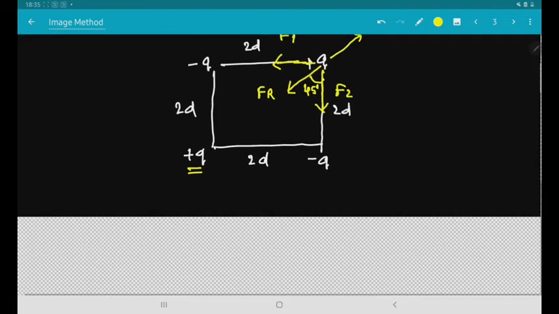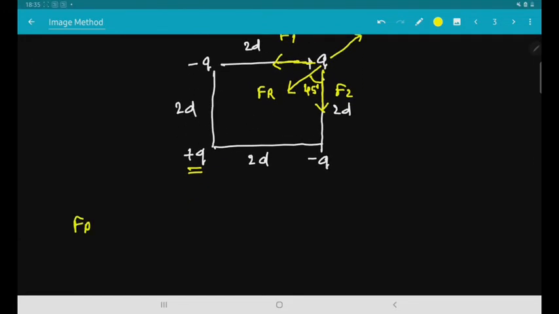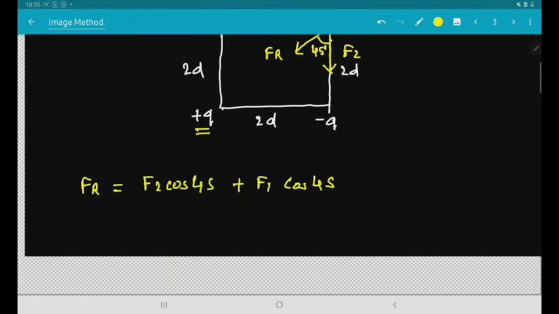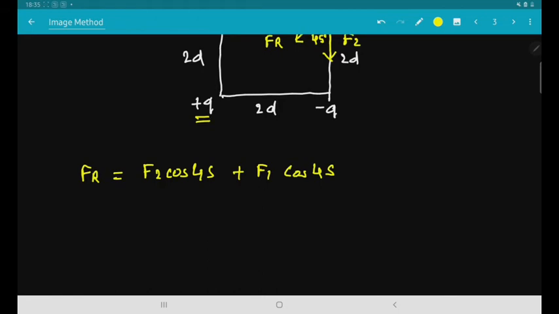So first let us calculate the F resultant. It will be just F2 cos 45 plus F1 cos 45. Both angles are 45 degrees, so we can take just the cos.